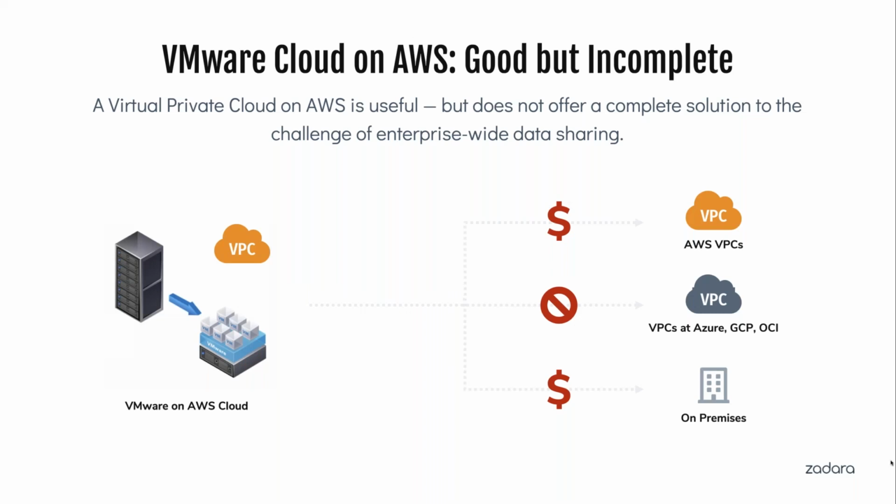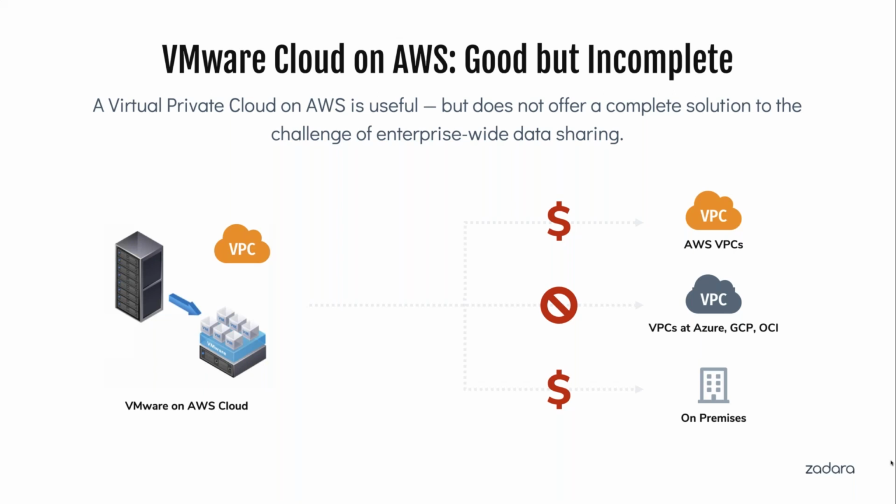Let's start with this. Howard, you and I were talking about this yesterday. VMware Cloud on AWS is an unalloyed good. There's no doubt about it. But it's not complete, is it? No, it's not. It's missing a few things, or it costs extra money.